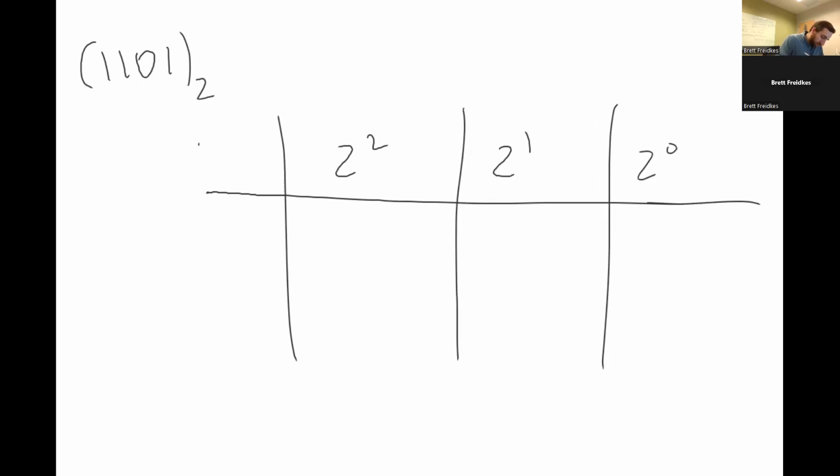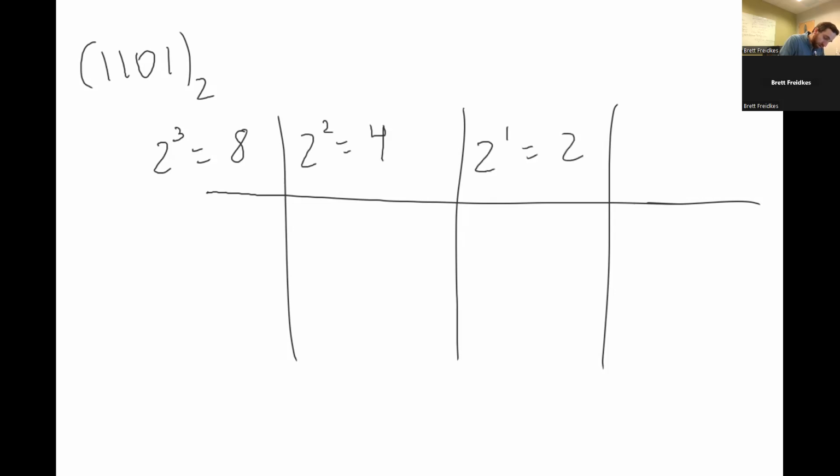And you know what? I'll actually write it out in full. 2 cubed, this is 8. 2 squared is 4. 2 to the 1 is 2. So instead of it being groups of 1, 10, 100, 1,000, it's groups of 1, 2, 4, and 8, and 16, and so on.